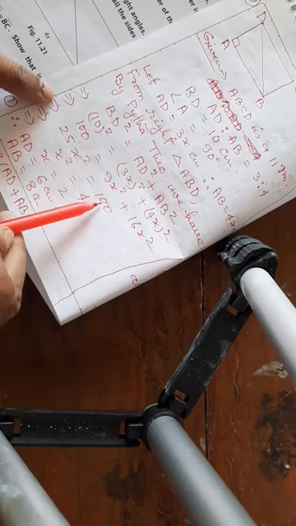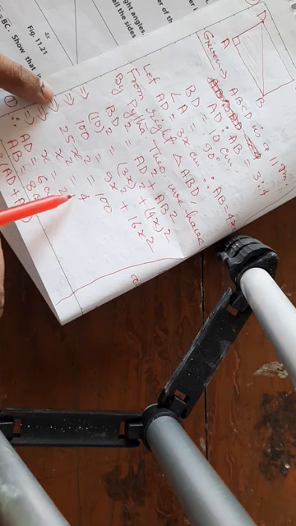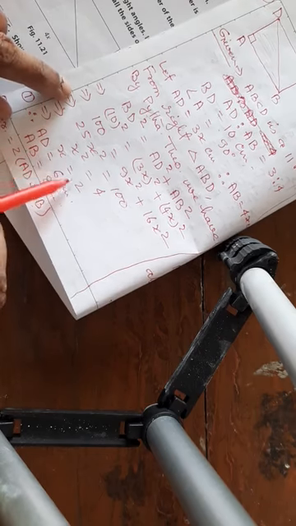Or x square is equal to 100 by 25, that is 4. So x is equal to the square root of 4, that is plus or minus 2. Rejecting the negative sign, since length can't be negative, x is equal to 2.